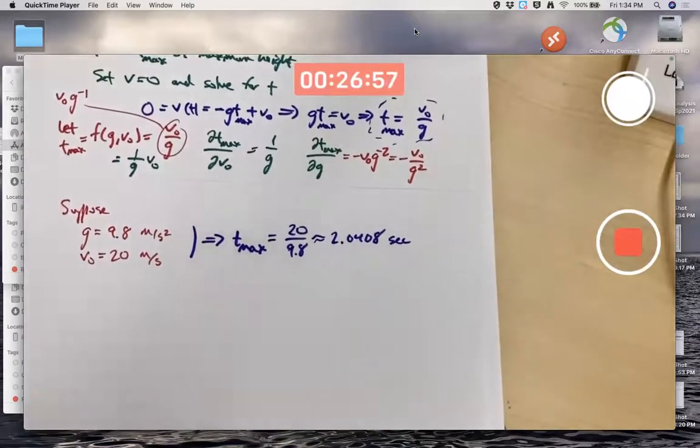What can I now do with these derivatives? I could use them to predict how long it's going to take to reach the maximum height if I change V0 a little bit, or if I change g a little bit. Or maybe even if I change them both, but let's just do it one at a time.